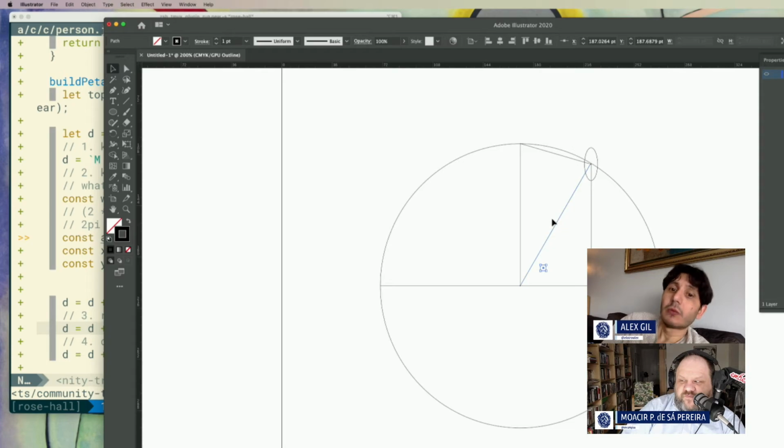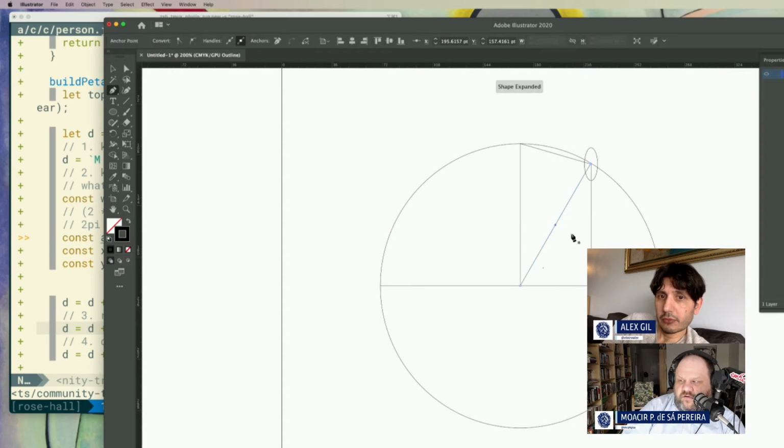So if we put a center point in here, then we have the x value for the control point, and then we can do a perpendicular like that as the control point. Yeah, that could work. Okay.